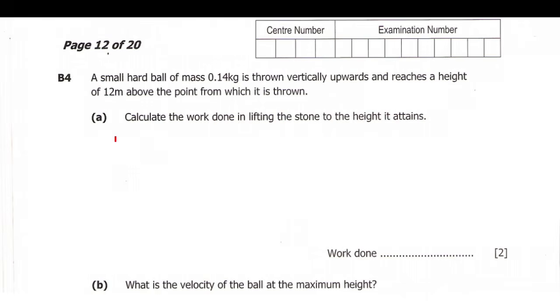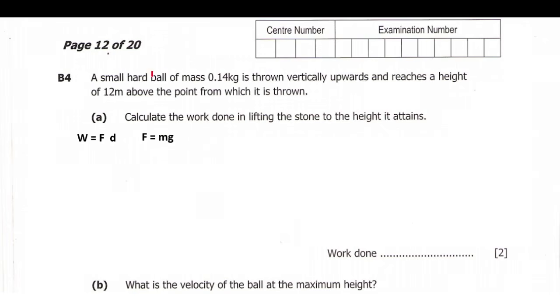So they want the work done. So we are now going to write, remember the formula for work done, which is work is equal to force times distance. Then we are not given work, but we know that force is equal to mass times acceleration due to gravity.